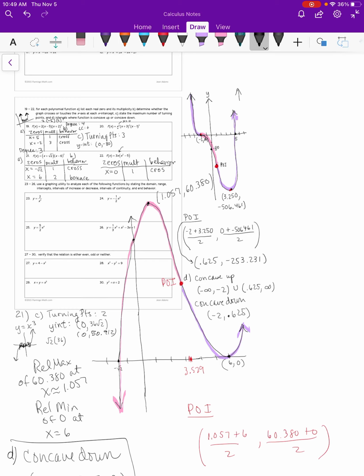So it's going to cross. And we've got x equals plus or minus the square root of 5. I'm just thinking, I wish I would have left some more space. Sorry about that. So positive square root of 5 and negative square root of 5 here.